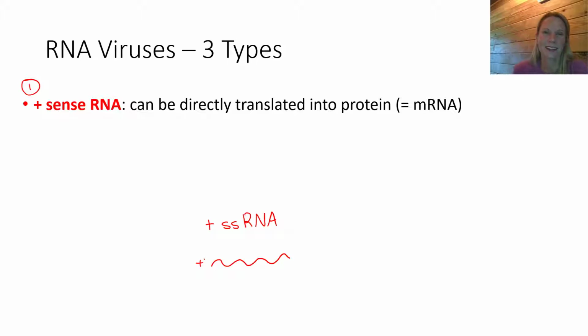If it's a positive-sense RNA virus, the way the viral RNA is structured, it can be directly translated into protein. In other words, this single-stranded RNA acts as viral mRNA. It's read directly as viral RNA, okay?